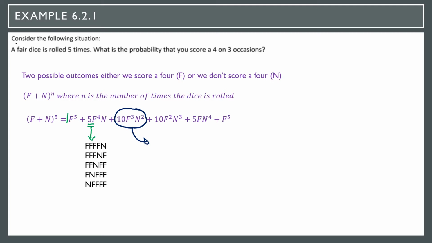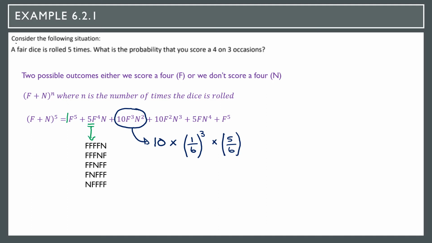When we're looking at rolling a dice 5 times and scoring a 4 on 3 occasions, we've got 10 possible combinations. We need to multiply that by the probability of scoring a 4, because we've got a fair dice, that's just 1/6. We're raising the 1/6 to the power of 3 because we want to score a 4 on 3 occasions, and then we multiply that by the probability of not scoring a 4, which is 5/6, again because we've got a fair dice.